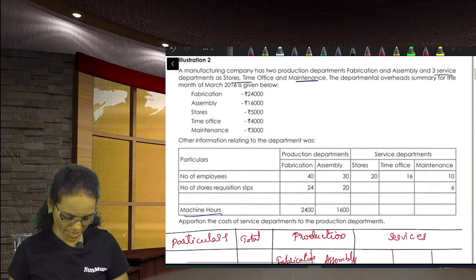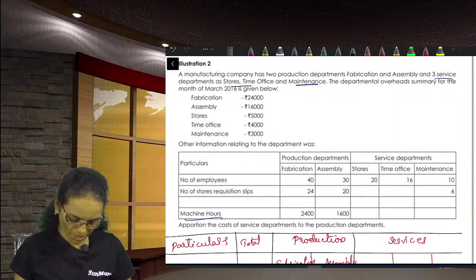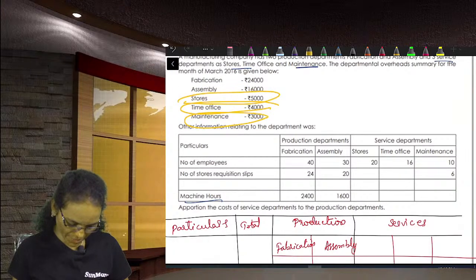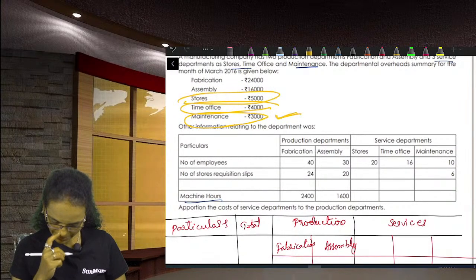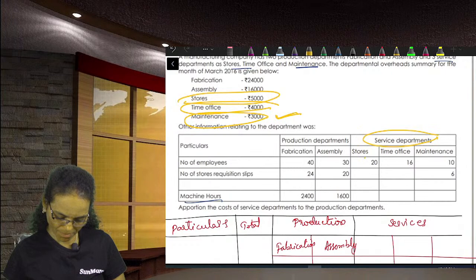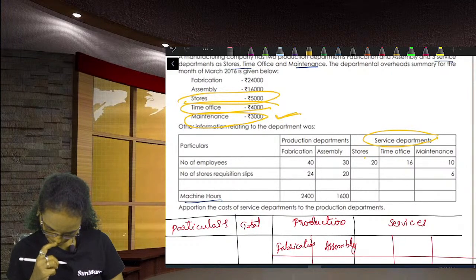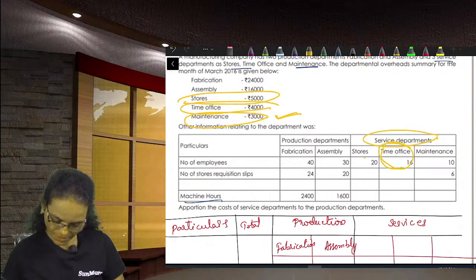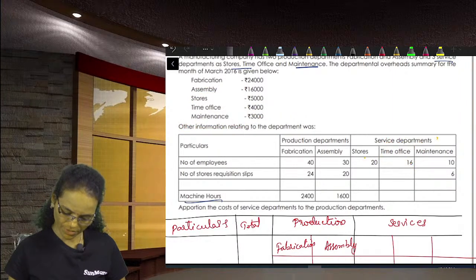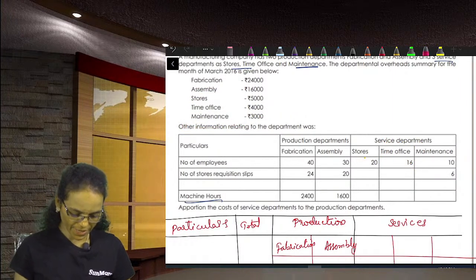Sometimes, see the example here: stores department, time office and maintenance. Let me make this clear.